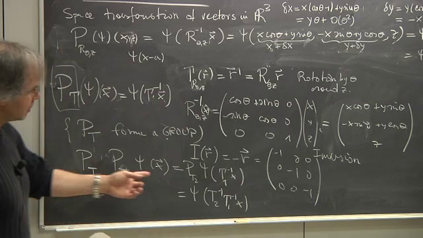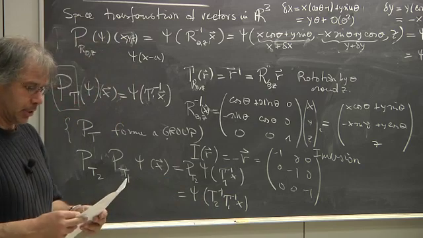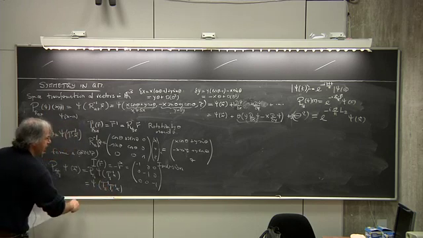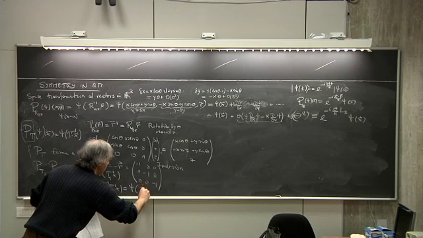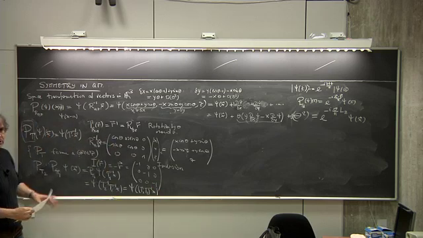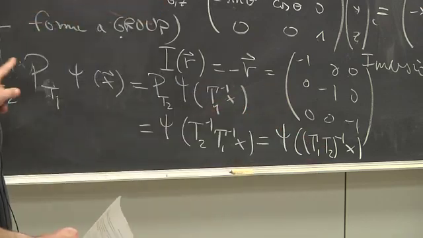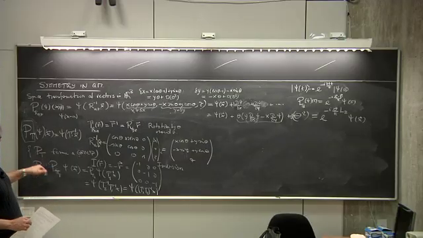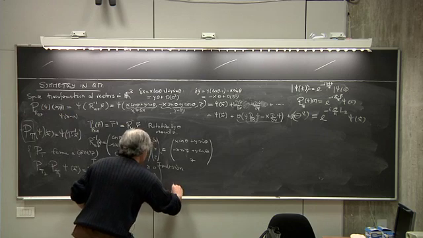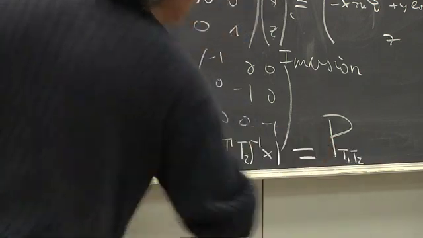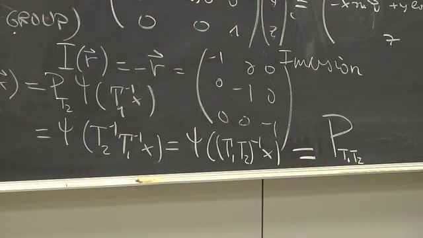So I have to apply the two inverse transformations in a certain order. But you know that the inverse of a product is the product of the inverses in the opposite order. So you see immediately that this product of two operations on the psi is really a P of T1 T2. So notice the opposite order, but apart from that, it's a very simple thing. So they form a group.